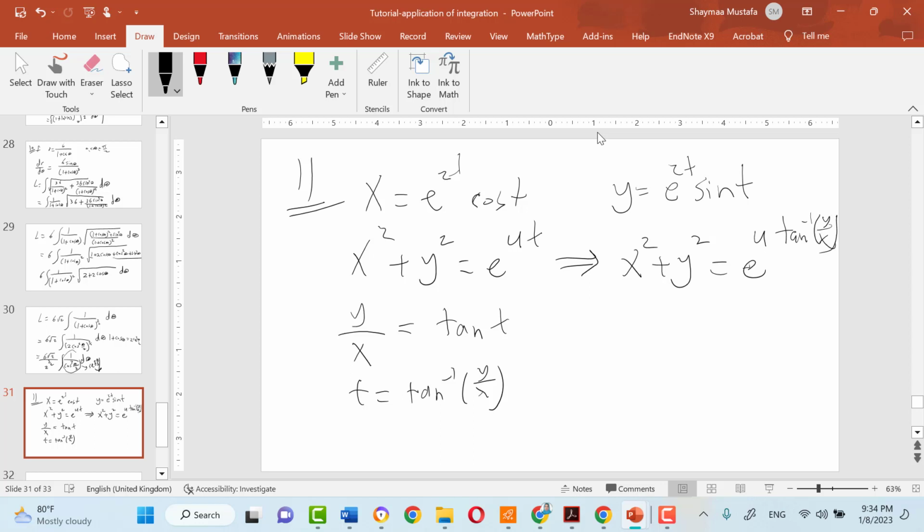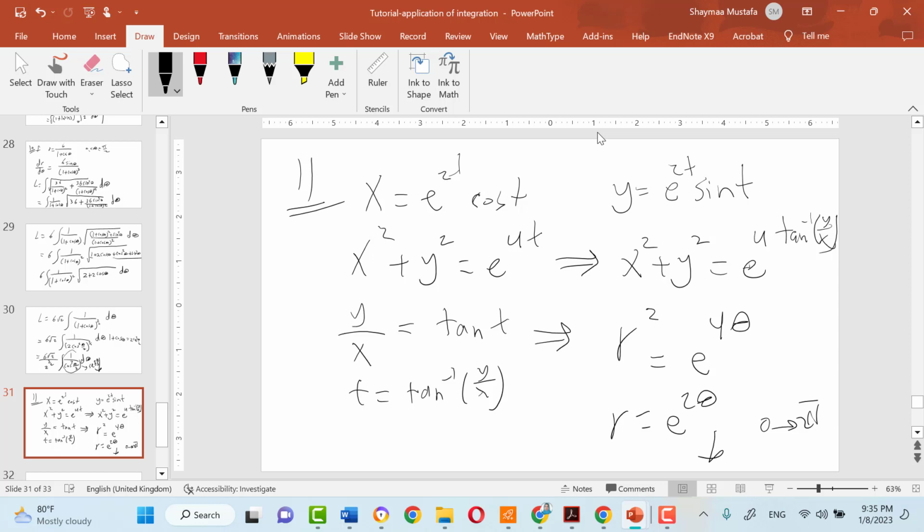This is the Cartesian form. To change it to polar form, it becomes r square equals e to the 4 theta. This is the equation, which means that r is equal to e to the 2 theta. You need to evaluate the integration for this one from 0 until 2 pi using the polar formula. This is question number 11.